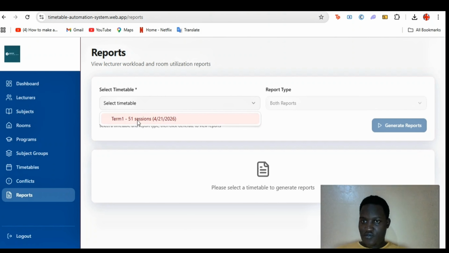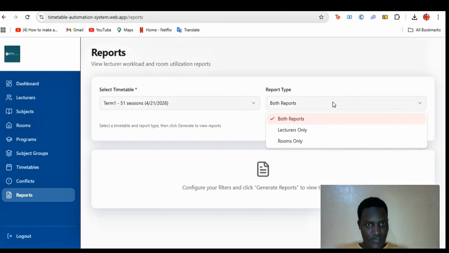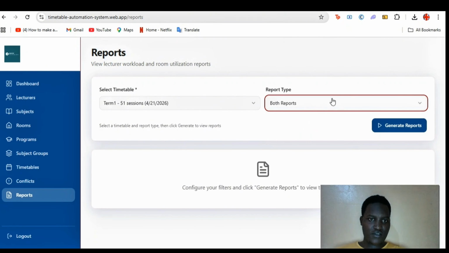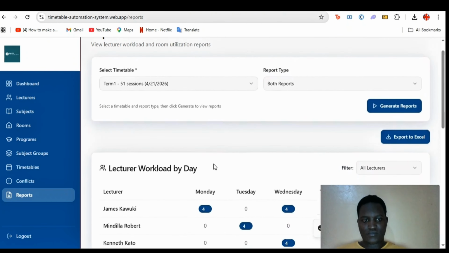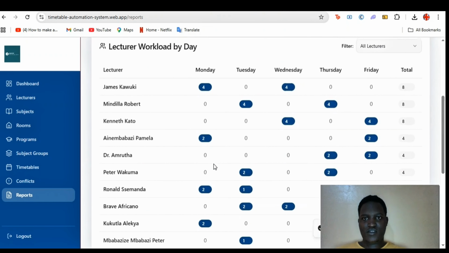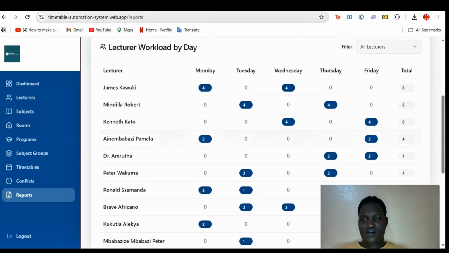So for example, for this timetable, we could generate a report for both lecturers or rooms only. So let's say both, and then generate, we could see lecturers' workload, we see all the lecturers that we have and the number of sessions they have per day. So let's say James Kawiki has 4 sessions on Monday, 4 on Wednesday, zero on Friday.